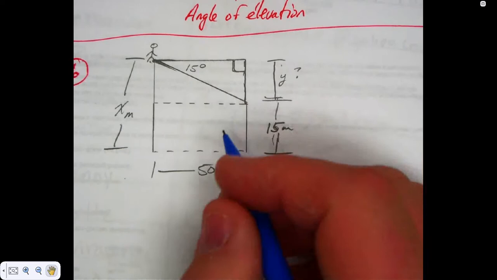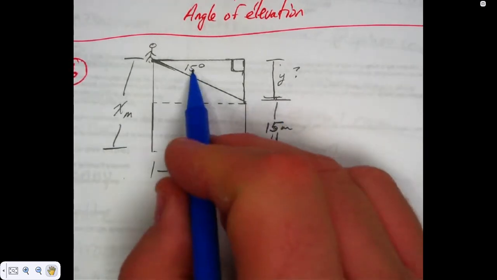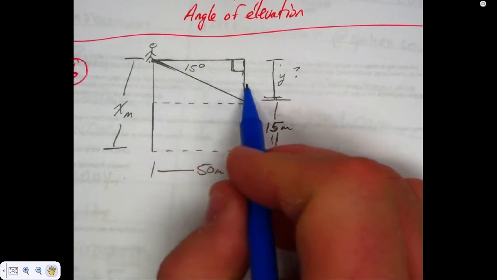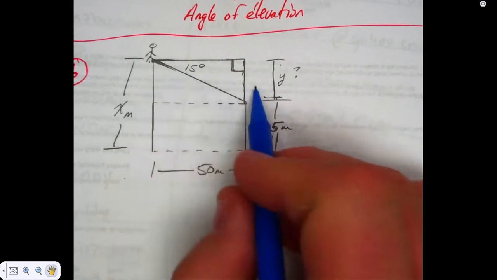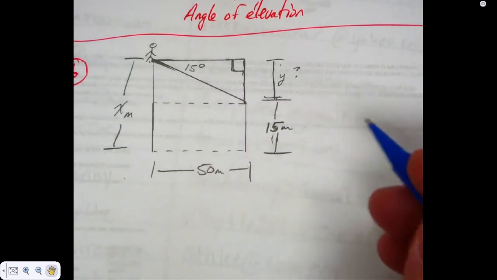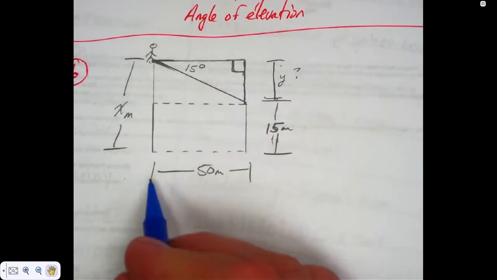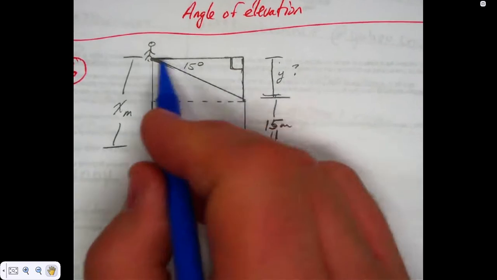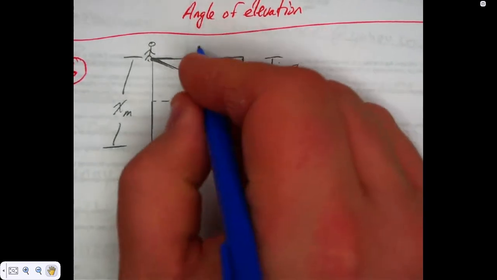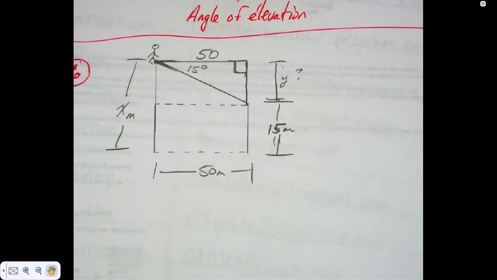I need two of those three things to be able to solve for one of them. Okay? So let's look at this. I only have 15 degrees up here in this triangle, don't I? But what else, if I look a little closer, do I actually have? 50 meters. This here to here is the same distance as here to here, isn't it? So this one is what? 50, right?